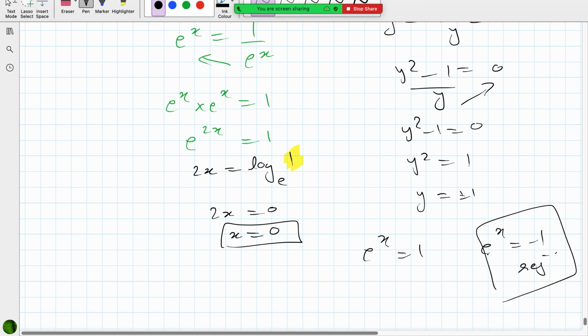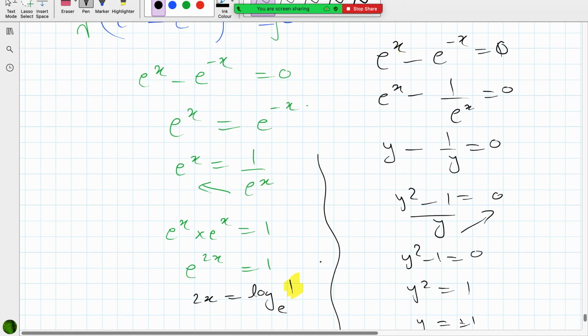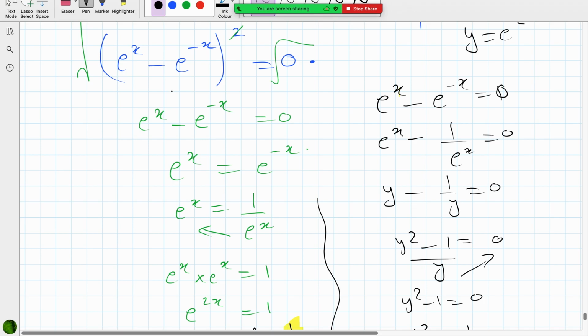Why is it rejected? e raised to power anything cannot be negative. And when we come here, x is equal to log of 1 to base e, x is equal to 0. So you can do it by any method, substituting with y, taking square root, or expanding it using algebraic formula. Makes no difference.